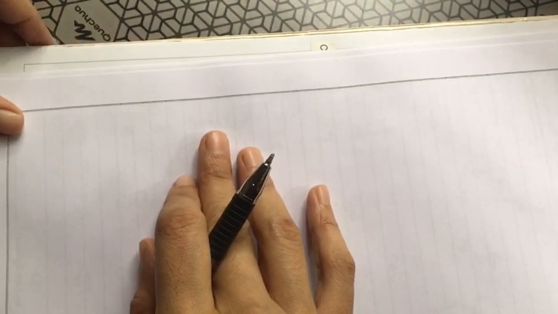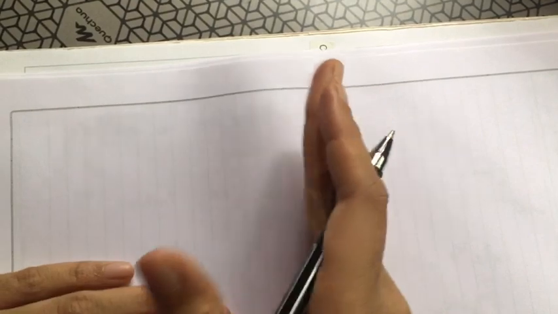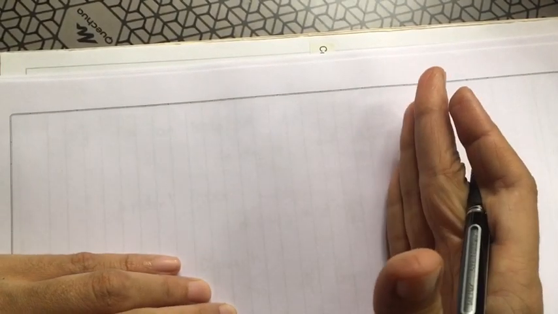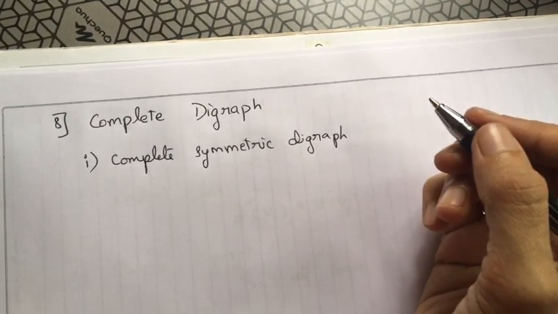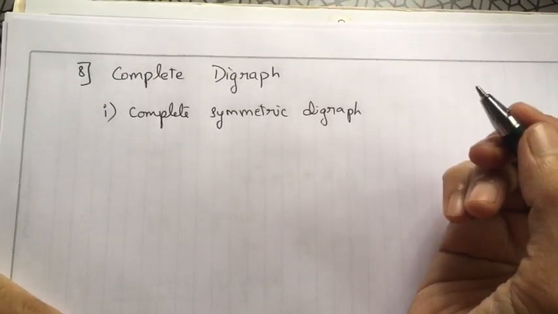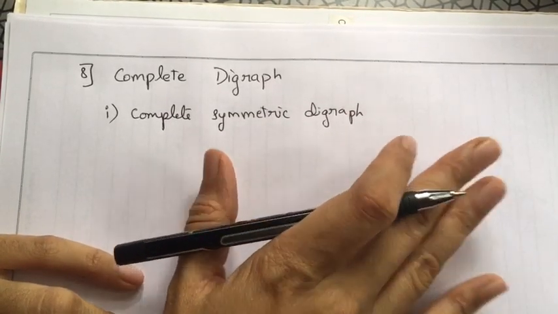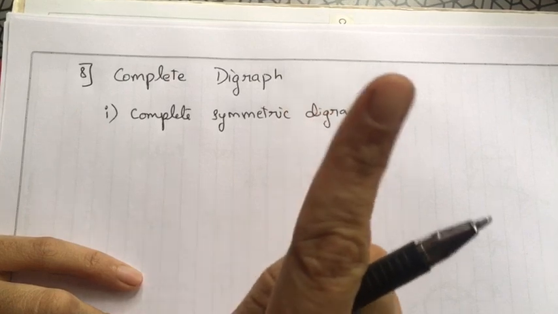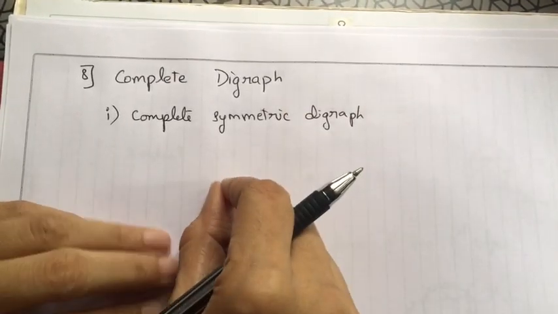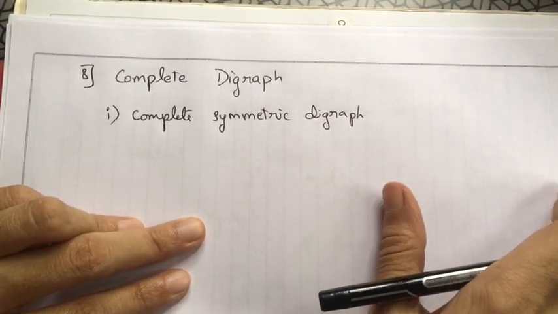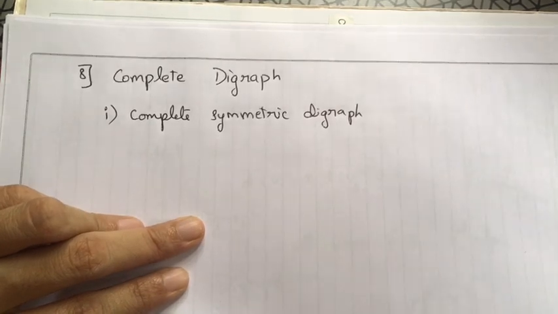But when I take a complete digraph, I look into the complete symmetric digraph and the complete asymmetric digraph. First, a complete symmetric digraph is a simple digraph in which there is exactly one edge directed from each vertex to every other vertex.